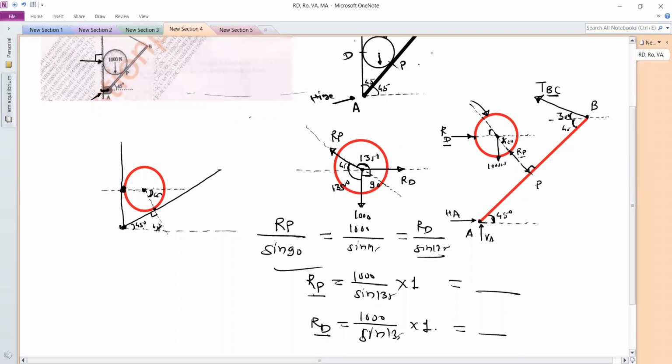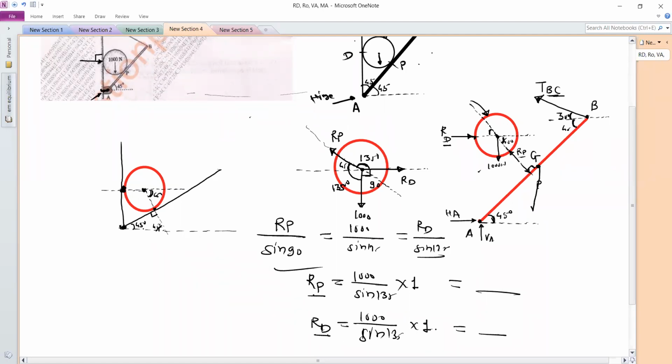Now to find out the tension BC, we have to consider the free body diagram for the beam AB. Okay, so for the beam AB, we have shown the reaction at point A, HA and VA, then common reaction RP and tension BC. One force is remaining, that is the weight of the rod AB. Okay, so that weight we have to consider exactly at the center. So let us take this is the center point, that is the center of gravity.